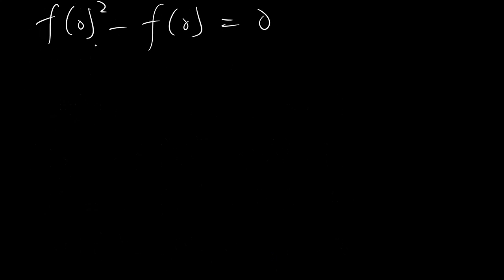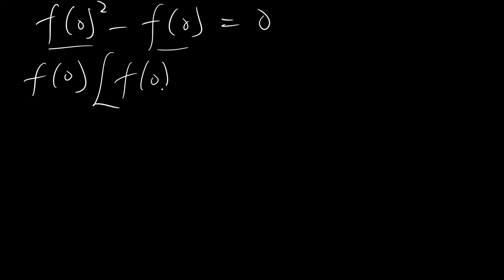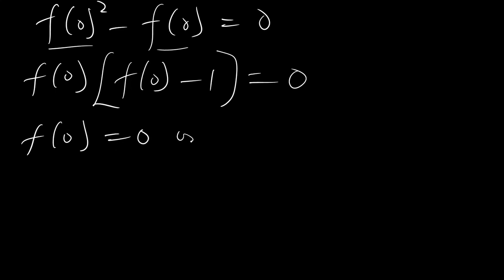There is a common factor here, which is f of 0. Factoring out f of 0, you have f of 0 times f of 0 minus 1 equal to 0. So that means f of 0 is equal to 0 or f of 0 is equal to 1.